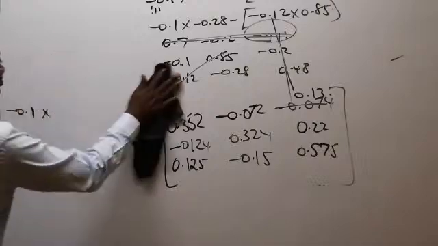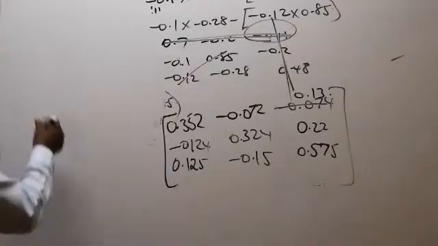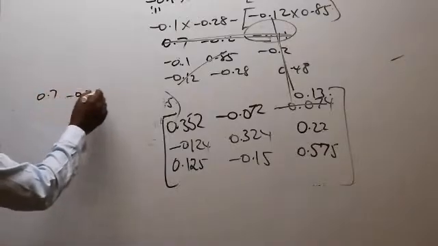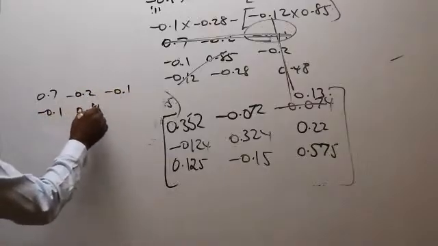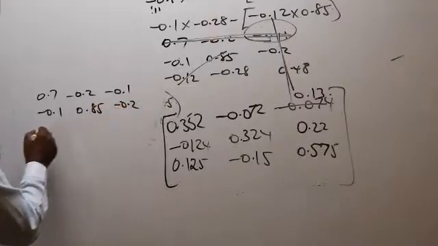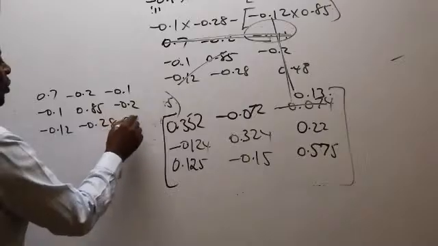This is what I have: 0.7, minus 0.2, minus 0.1, minus 0.1, 0.85, minus 0.2, minus 0.12, minus 0.28, 0.48.